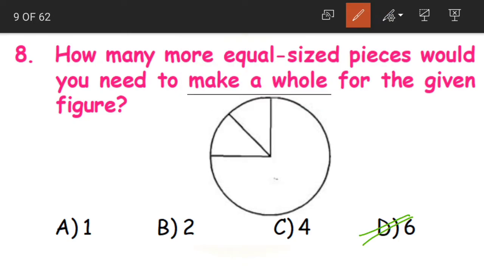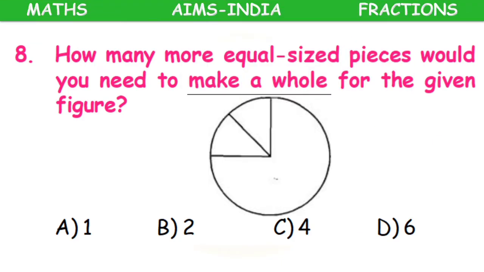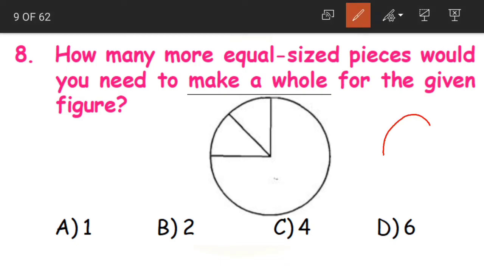See, children, normally if we divide a circle into, sorry, my circle was not divided into exact equal sized pieces. So I am drawing it again. Yes, normally we divide a circle into, again this is also not equal sized. Okay.